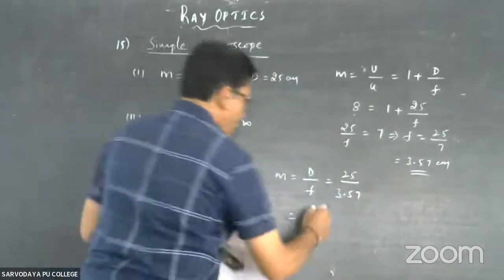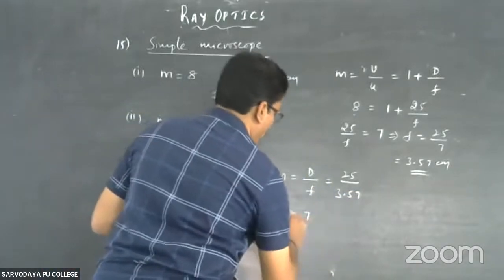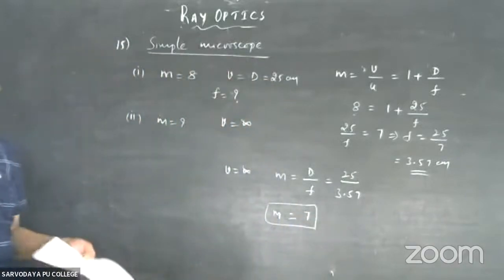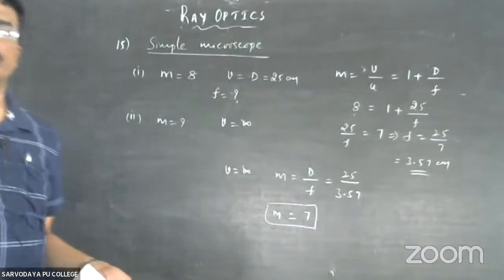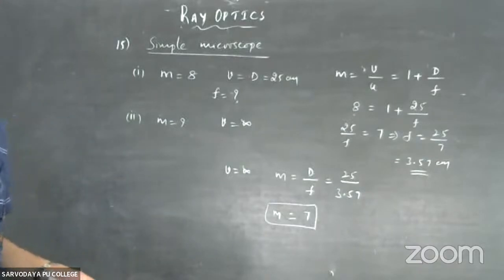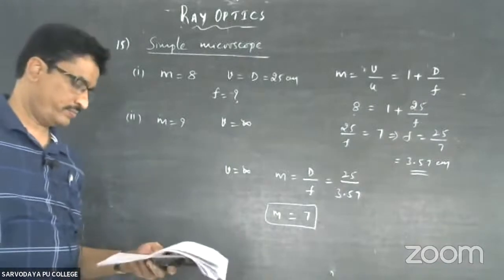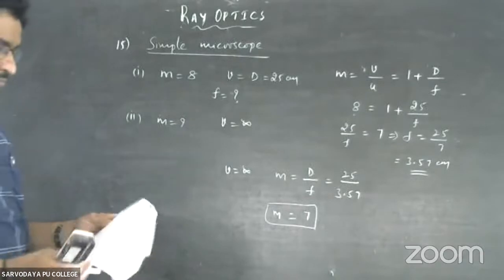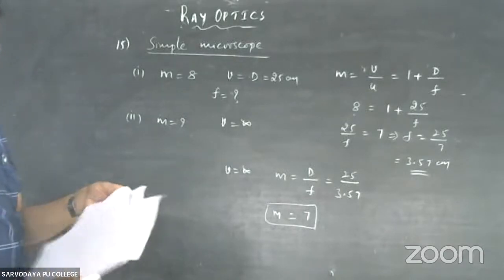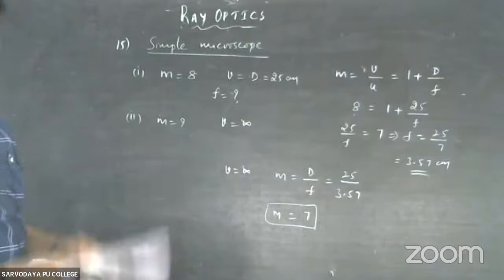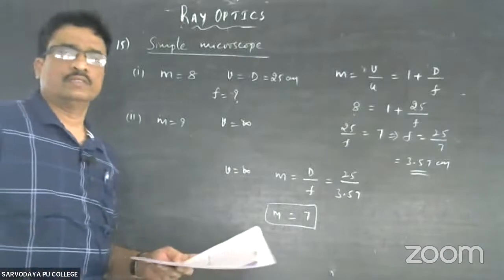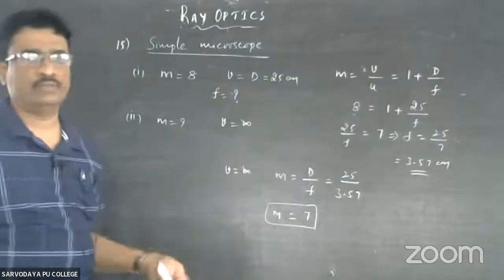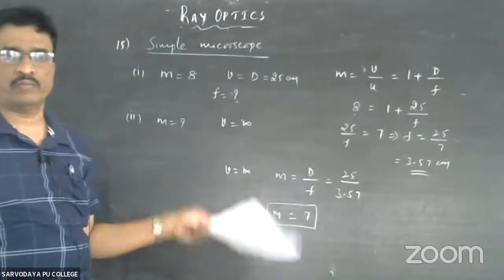Therefore, the magnification is 7. Magnification that we get for the final image at infinity is 7. These are the two formulae that we come across in simple microscope. Remember the formula.